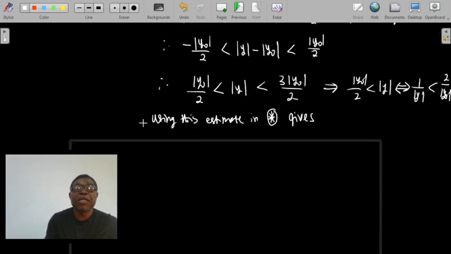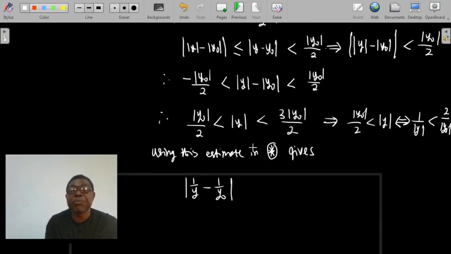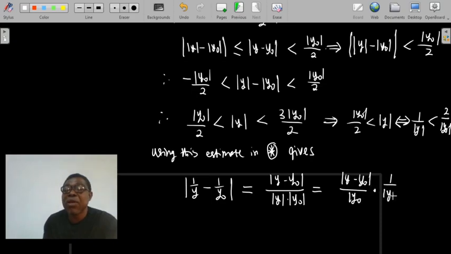Absolute value of 1 over y minus 1 over y naught, we computed it to be equal to absolute value of y minus y naught all over absolute value of y, absolute value of y naught. This is what we got. And now that we've controlled this 1 over absolute value of y, this is still equal to absolute value of y minus y naught all over absolute value of y naught, then times 1 over absolute value of y.